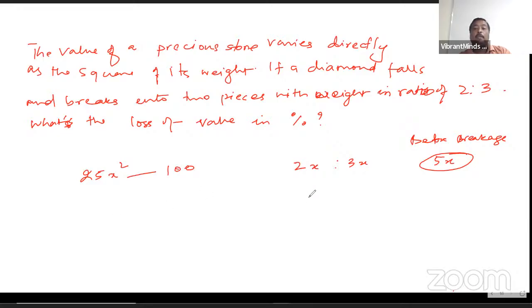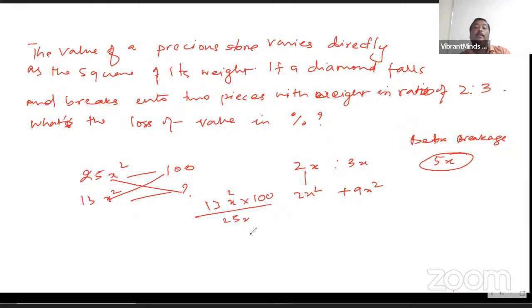So here the square will be 4x square plus 9x square, or let's say 13x square, the value will be what? So cross multiply: 13x square into 100 by 25x square. x square cancels. 25 to 4. What is it? 52. So from 100, the value has come to 52.